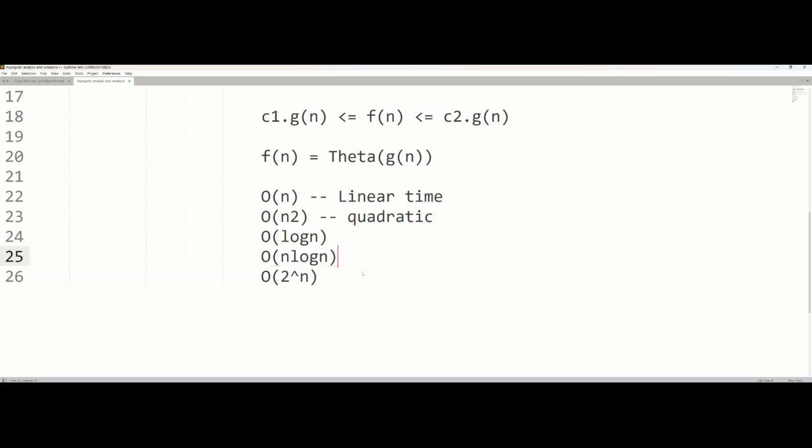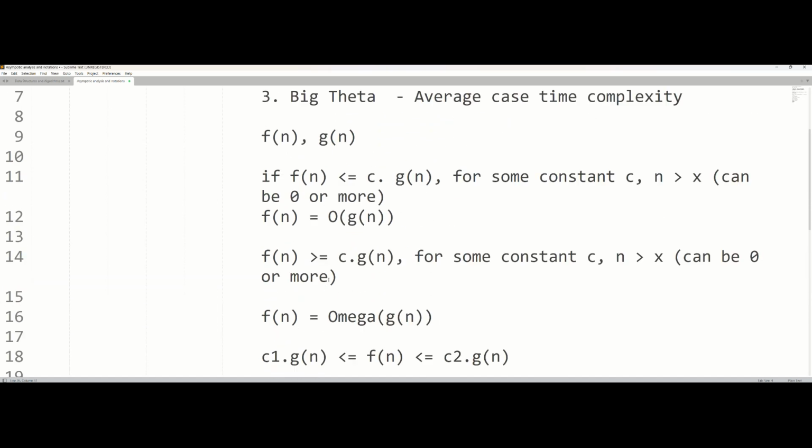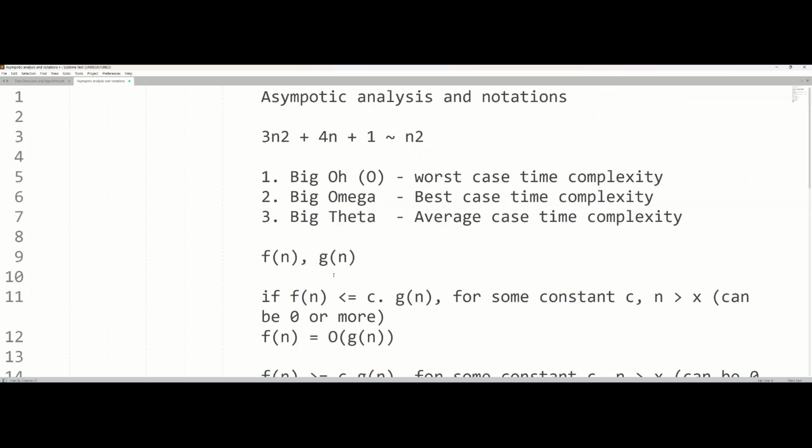All these are different time complexity measurements for different algorithms out there, and we're going to take a look at some of the algorithms that have such time complexity. We're going to calculate the time complexity and space complexity of those algorithms. I'll also teach you how we can calculate that, but that is going to be another video.